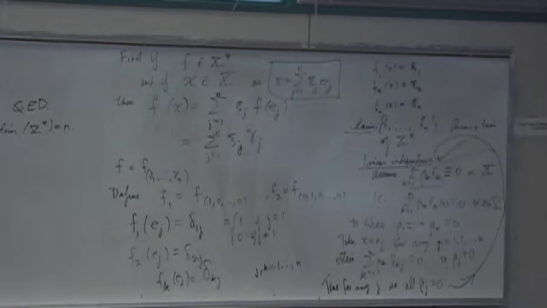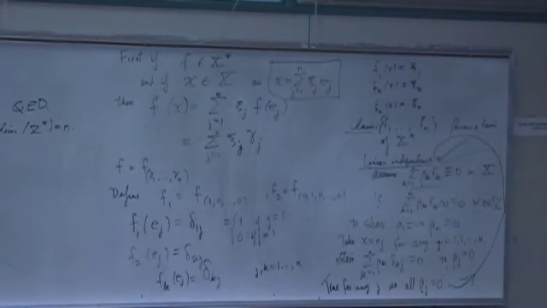And let y equal eta 1, eta 2, eta 3. I'm going to define my linear functional in terms of standard coordinates, in terms of coordinates relative to the standard basis.